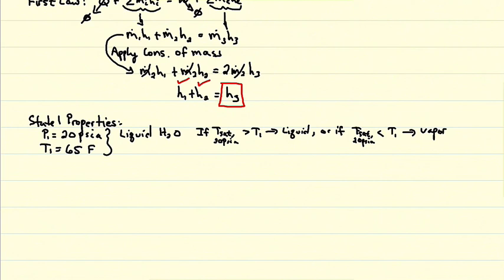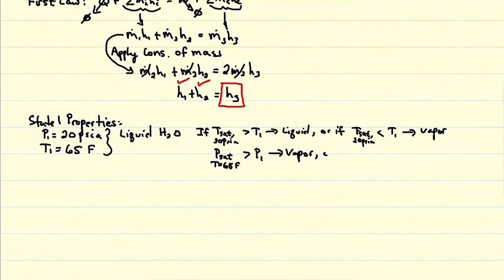Or, now you can do it by looking at pressures too, right? In other words, if Psat at a temperature of 65 degrees Fahrenheit is greater than P1, in other words, the pressure of your substance is less than the saturation pressure of your substance at that temperature, right? That means that you're a vapor, right? You're at a lower pressure than the saturation pressure, and so you will have boiled.